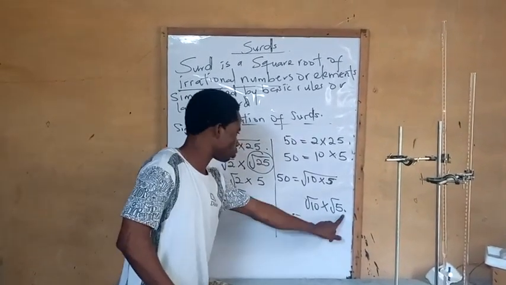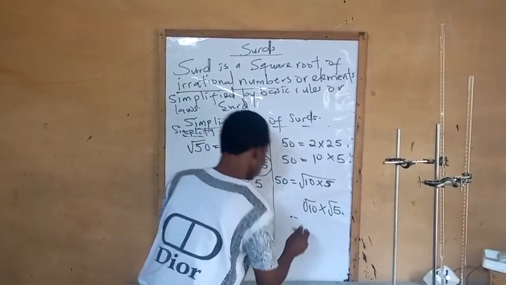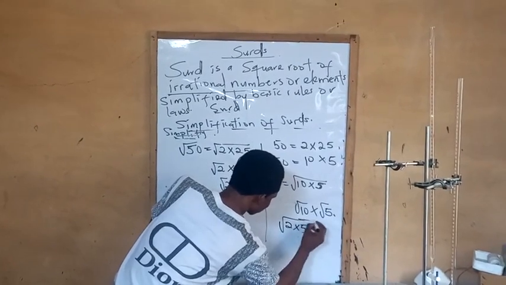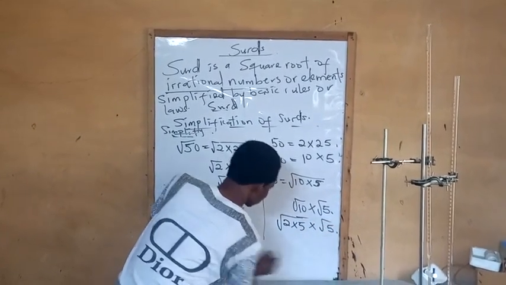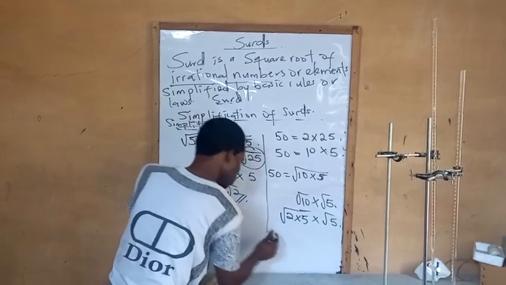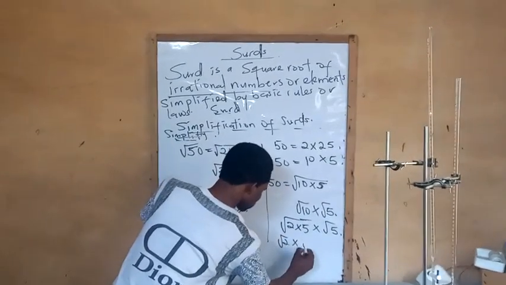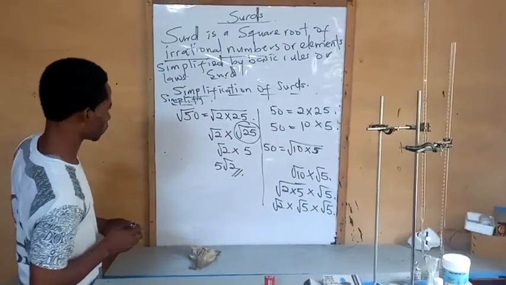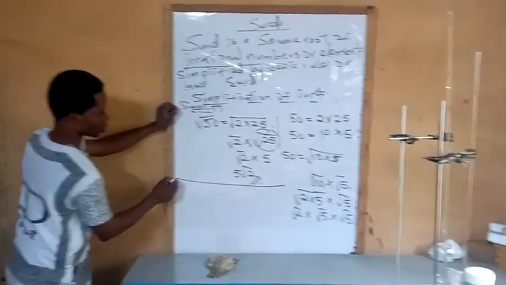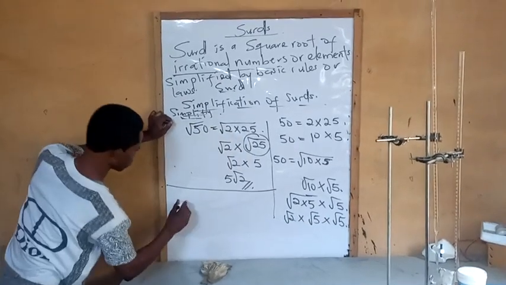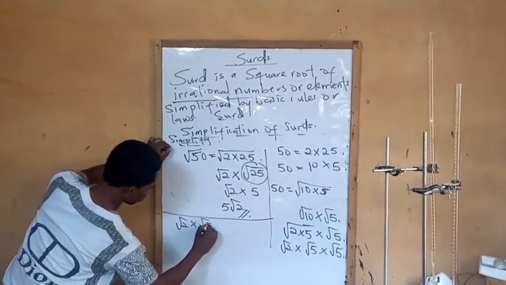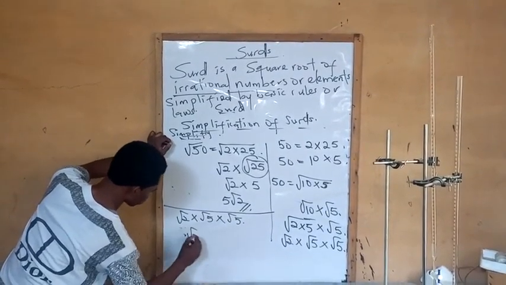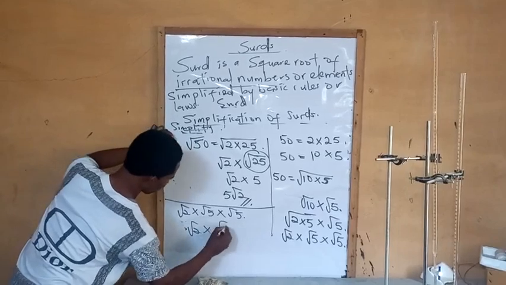I can say 10 is 2 times 5, so that is root 2 times root 5 times root 5. Root 5 times root 5 is root 25.